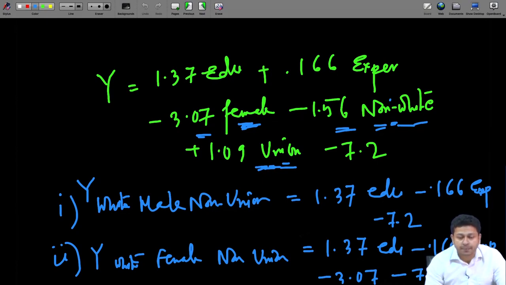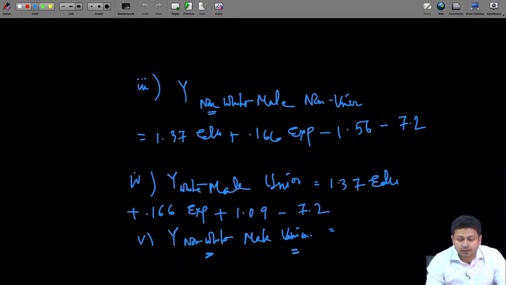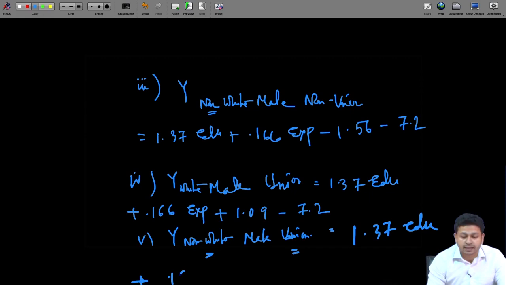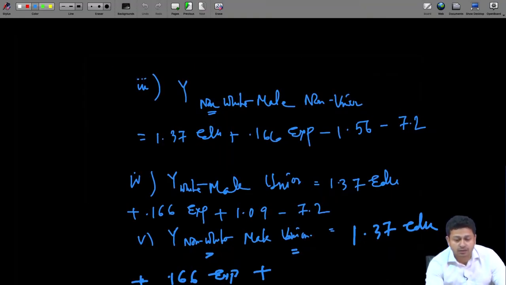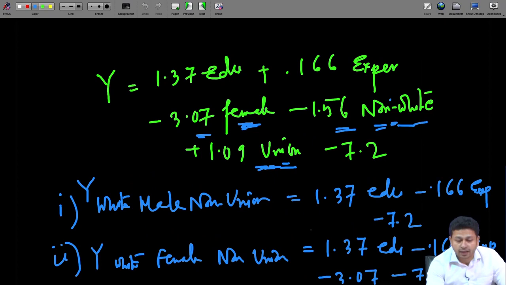So it is going to be 1.37 edu plus 0.166 experience, and then because it is male, no value for female, and because it is non-white, non-white is going to be 1, so it's not a plus, it's going to be minus 1.56, and then I have a union, right?